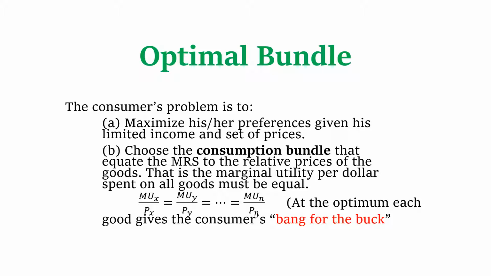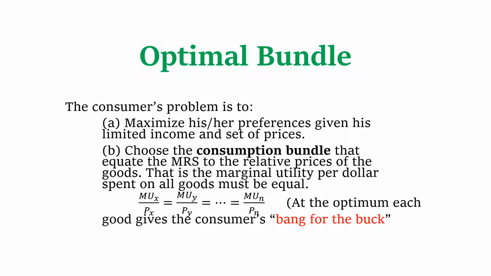So the consumer's problem is to, one, maximize his preferences given his income and a set of prices. Now the prices are given. So you see, when we try to formulate the consumer's problem, we have the objective function, which is what? To maximize utility or preferences, subject to what?